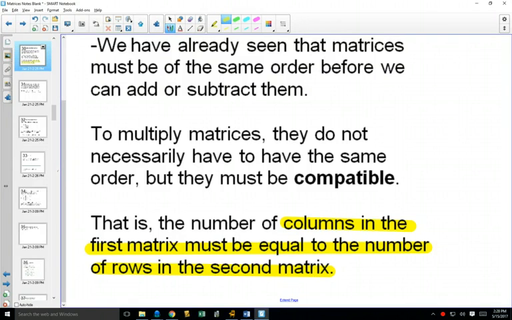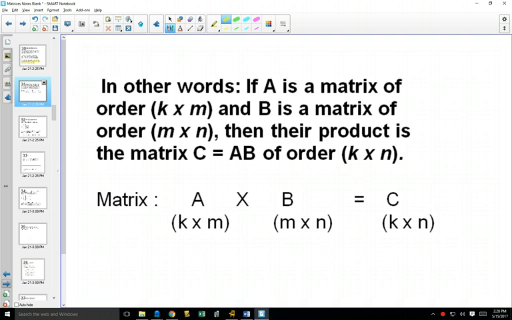And that's just the start to find out if we can multiply them. So if we have this value equal to this value, that tells us that we can multiply them. So the columns of that first matrix and the rows of the second matrix have to match up.